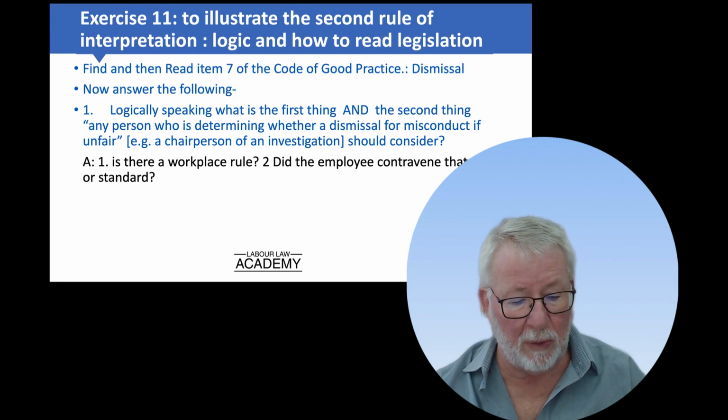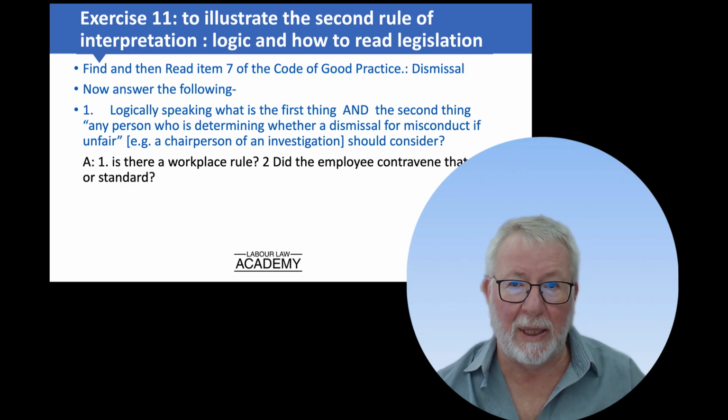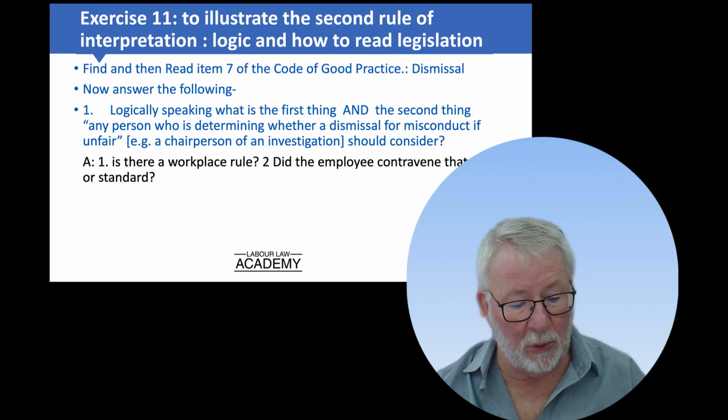Any person who's determining whether a dismissal for misconduct is unfair should consider A. Whether or not the employee contravened a rule or standard regulating conduct in or of relevance to the workplace, and B. If a rule or standard was contravened, whether or not 1. The rule was a valid or reasonable rule or standard. 2. The employee was aware or could reasonably be expected to have been aware of the rule or standard. 3. The rule or standard had been consistently applied by the employer. And 4. Dismissal was an appropriate sanction for the contravention of the rule.